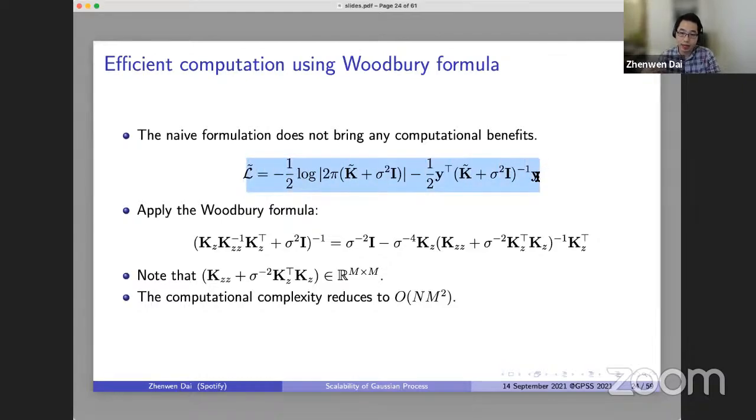we don't see any speedup, because we're still inverting a covariance matrix, K tilde plus sigma squared I, inverse. It's still inverting an n by n matrix.